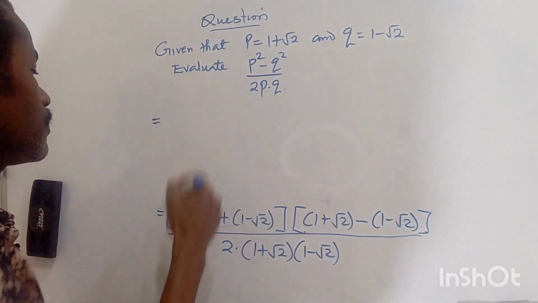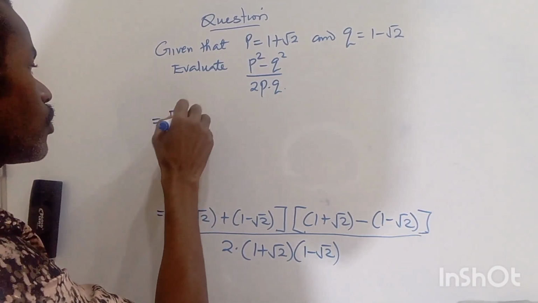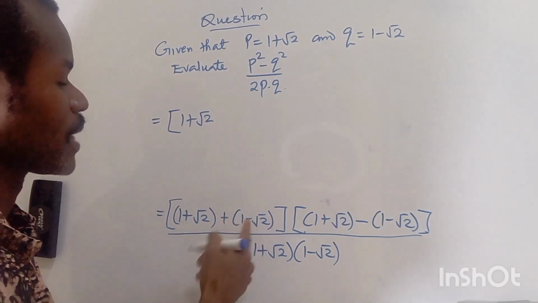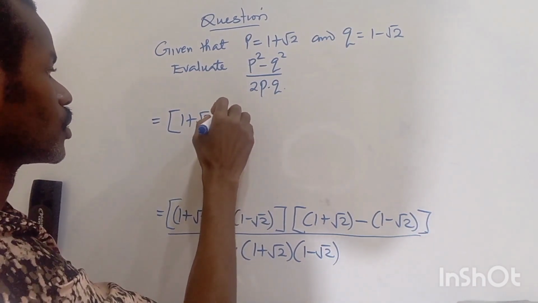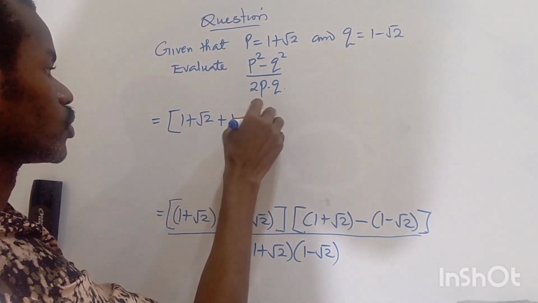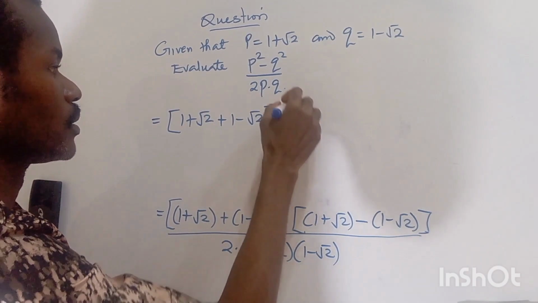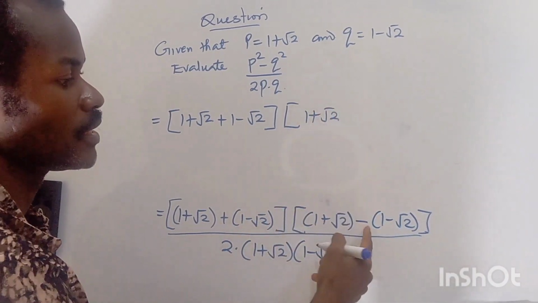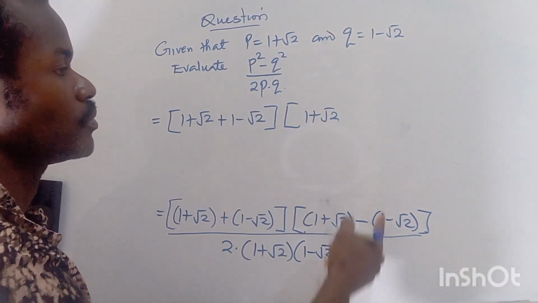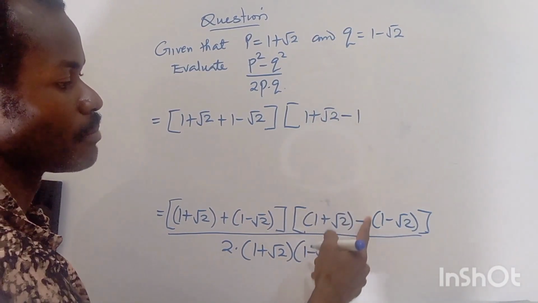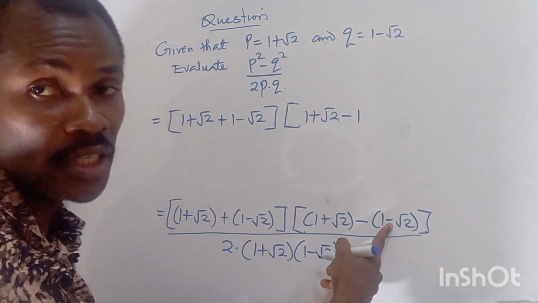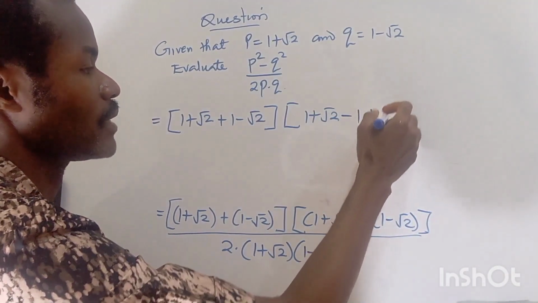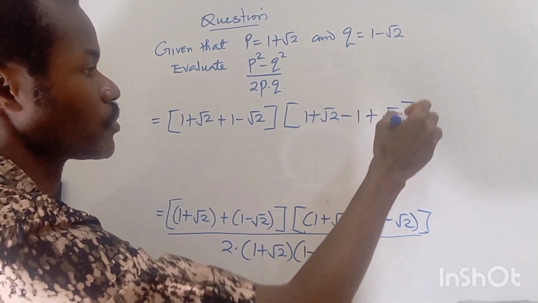This is going to be 1 plus root 2, plus 1 minus root 2, and all this multiplied by 1 plus root 2. Now this is minus 1 times this, which gives us minus 1. Now minus 1 times minus root 2: minus times minus is plus, so we have plus root 2.